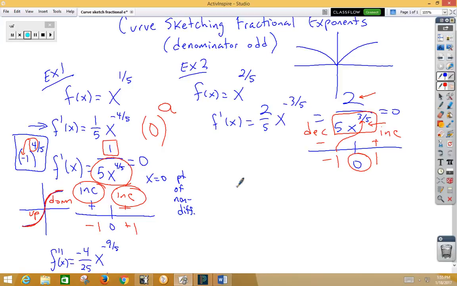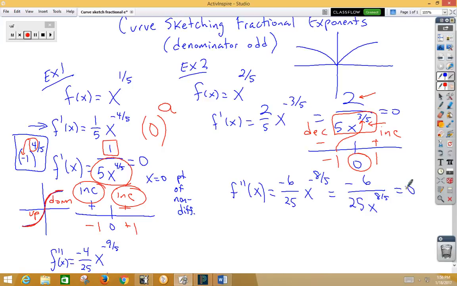If I want to verify the concavity, second derivative, so that would be negative 6 over 25 x to the negative 8/5, which can be rewritten as negative 6 over 25 x to the 8/5. Now when I set that equal to 0, I can't equal it to 0 because the numerator has a constant value.